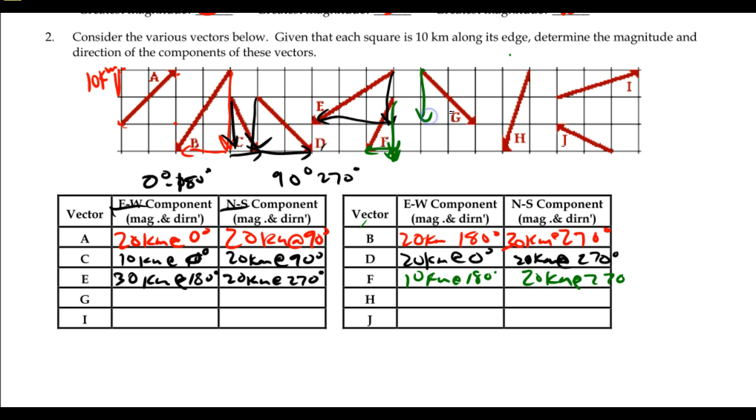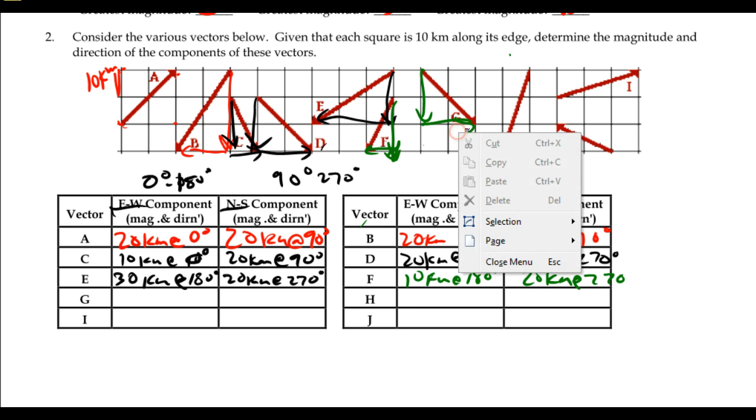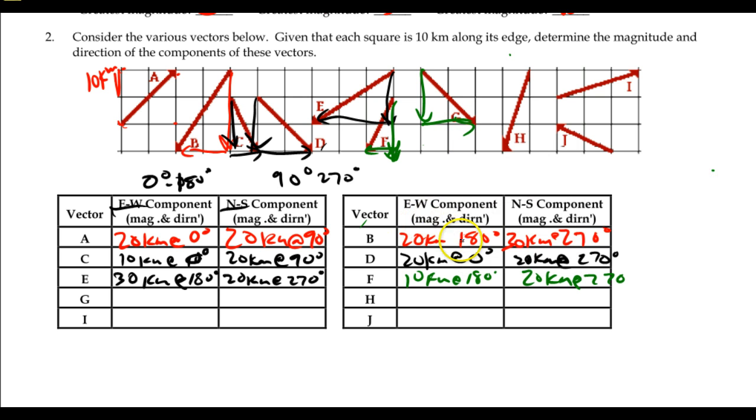G goes down 2 blocks and over 2 blocks. Again, it is down, so that's going to be 20 kilometers at 270 degrees. And over to the east, so that's 0 degrees and 20 kilometers, 2 blocks.